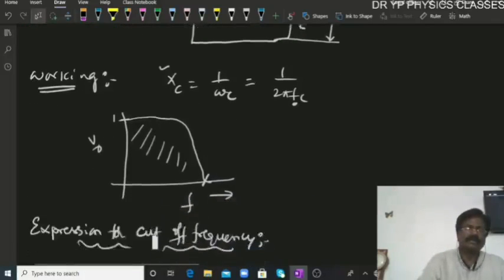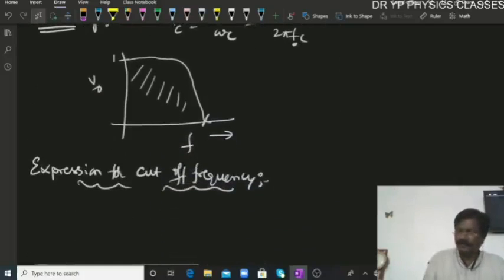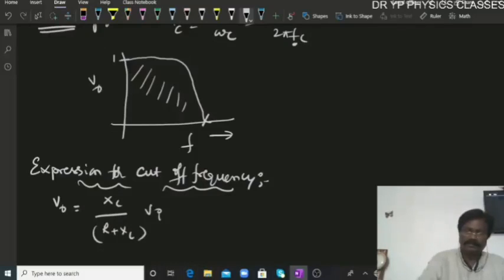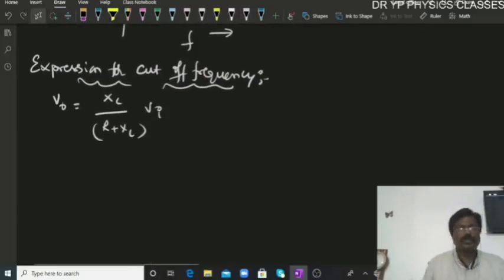If I apply the voltage divider formula to the circuit, I can write V0 is equal to XC divided by R plus XC, into Vi. The output voltage is given by the capacitor impedance XC divided by R plus XC, into Vi.